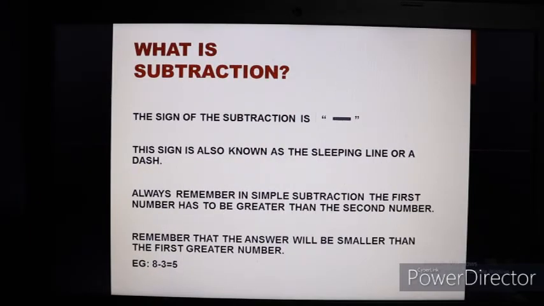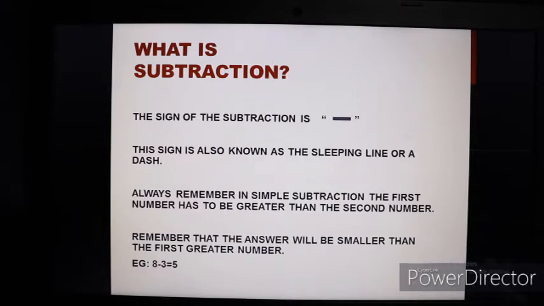The sign of subtraction is this. This sign is also known as the sleeping line or a dash. Always remember, in simple subtraction, the first number has to be greater than the second number.